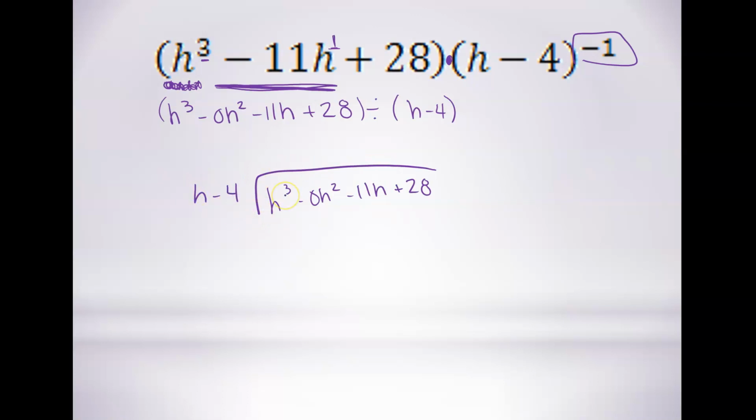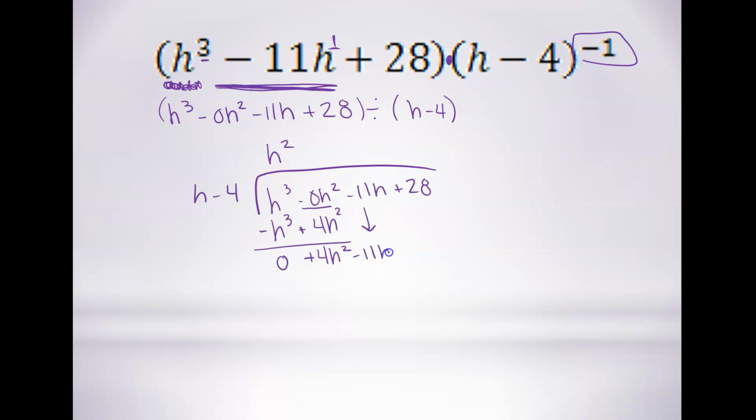Now this one is a cubed and we start with an h. So that means I need an h squared. So then you get h cubed minus 4h squared. And this is why we needed that placeholder. Change our signs. You get a 0. Now we have a positive 4h squared.